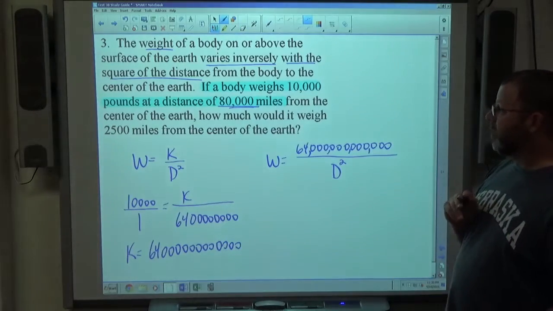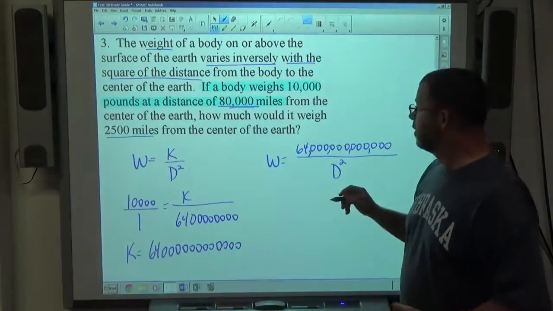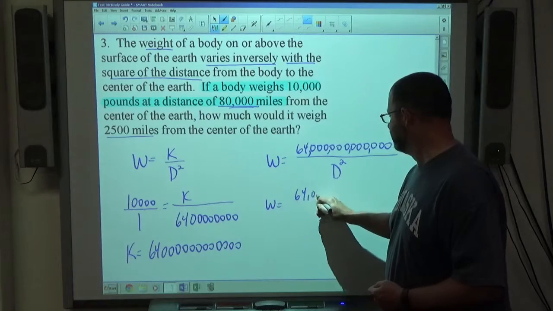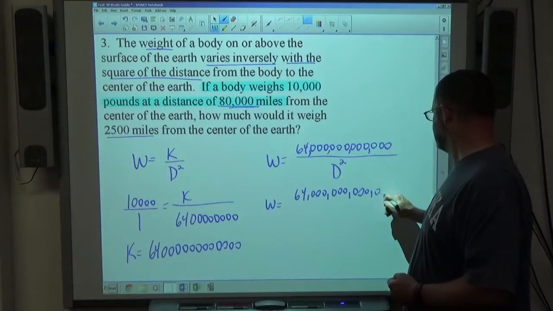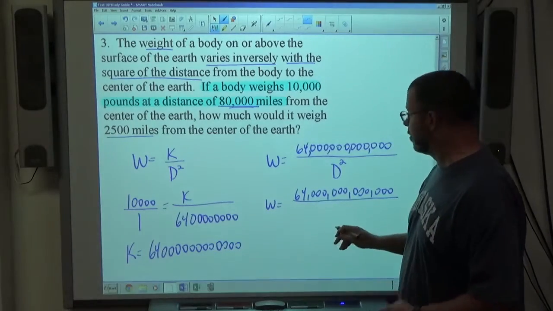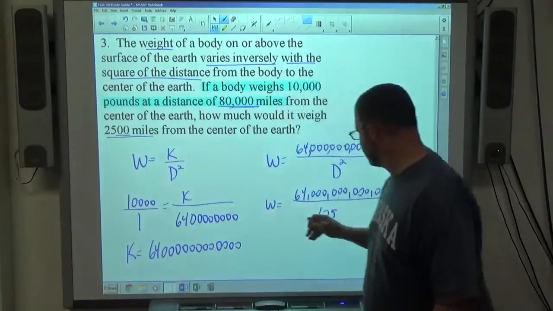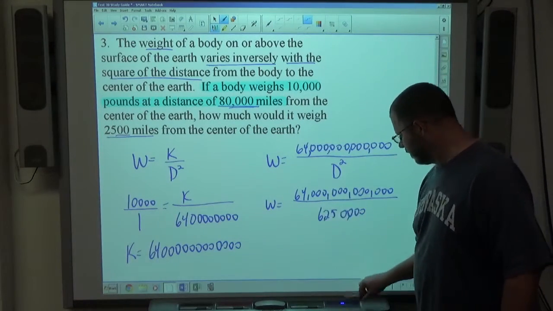How much would it weigh 2,500 miles from the sun to the earth? So now 2,500 miles is the distance. So W is equal to 64 trillion over 2,500 squared. That's 625 followed by zeros, so 6,250,000.